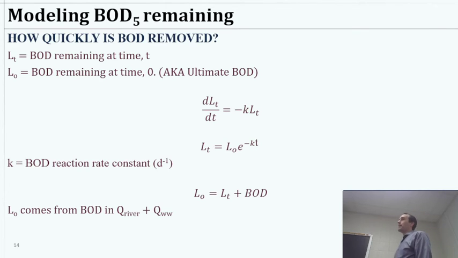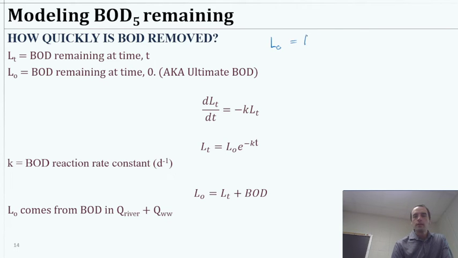If we define it in that way, this is different than saying the BOD5. This is a little bit tricky, because what we're talking about here with L naught is the ultimate BOD. That's BOD infinite, L naught, right?